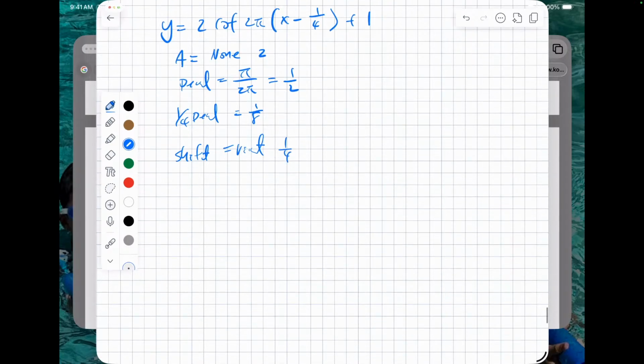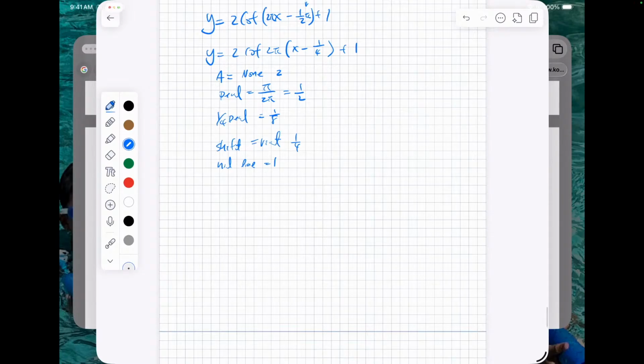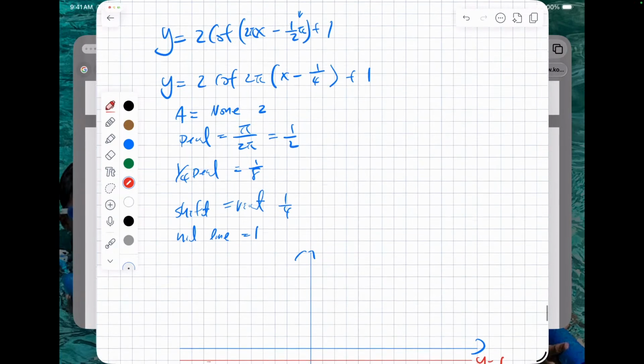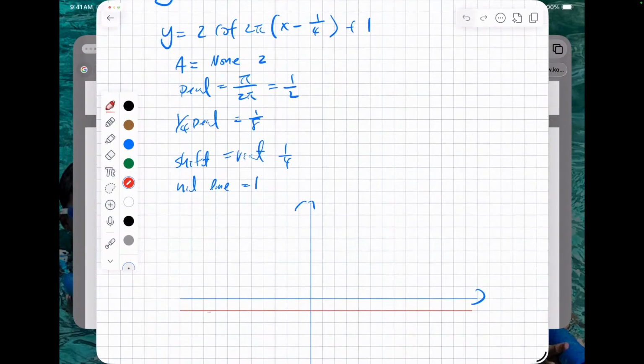The midline is going to be 1, right? Midline is equal to 1. Pay attention. I'm really, really close to being done. Okay, so we're going to start with a 1. 1 is right here. y equal to 1 right here. Is that okay? Oh, negative. Oh, wait. Negative, not positive 1. You're right. Good catch.